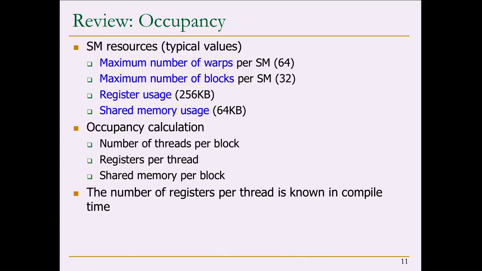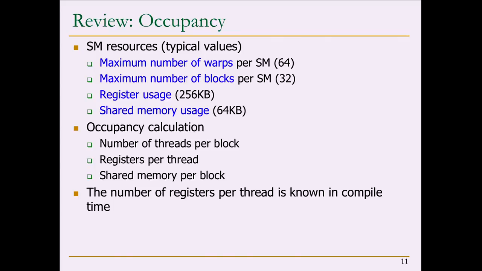It might be necessary, when we optimize code for the GPU, to calculate the occupancy, the number of warps that we have in each SM. And it is important to keep in mind what the resources available in each of the GPU cores, or in each of the streaming multiprocessors, are.